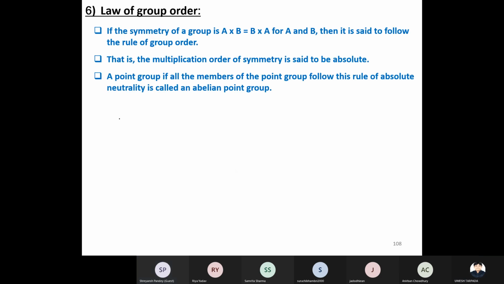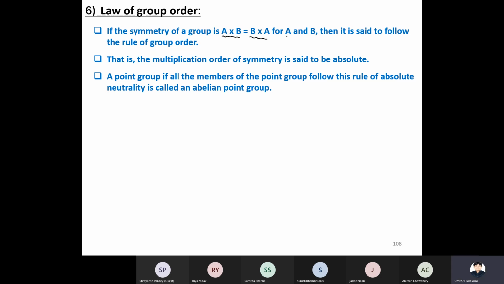Now see, in order to multiply any two symmetry elements, you can have certain laws. First one is called the law of group order, that is, whether you do A cross B or B cross A, both give the same result.